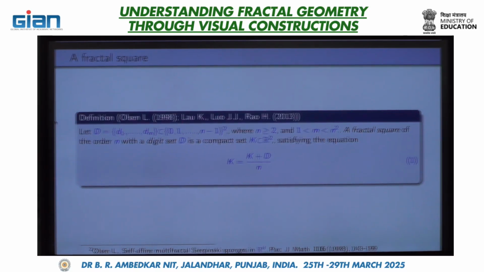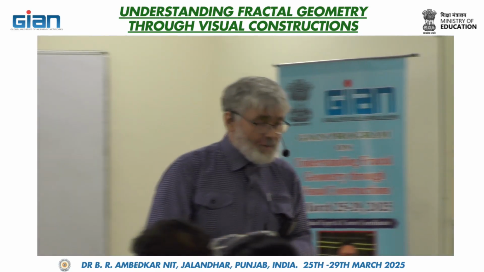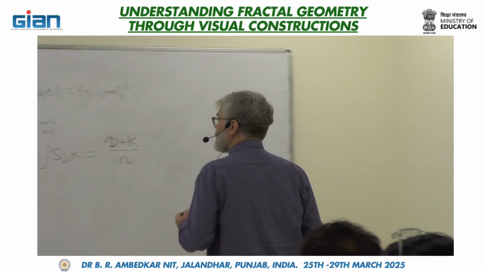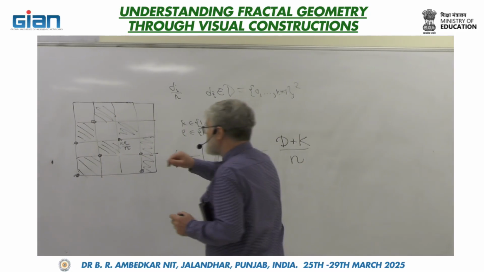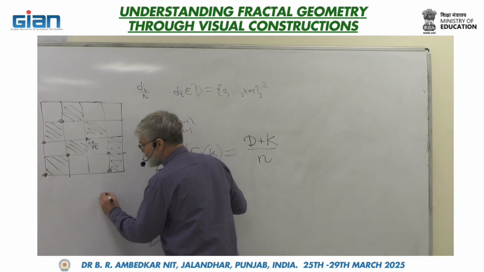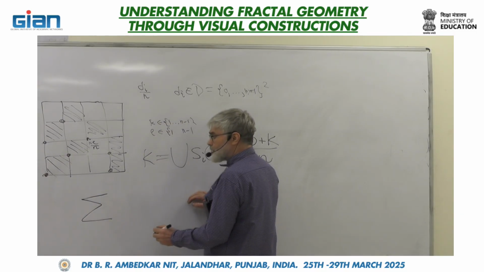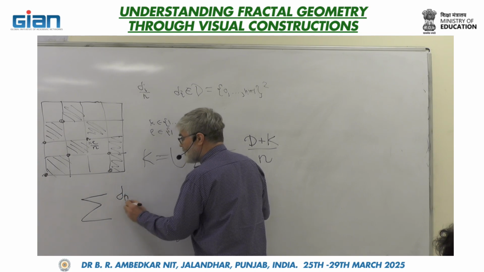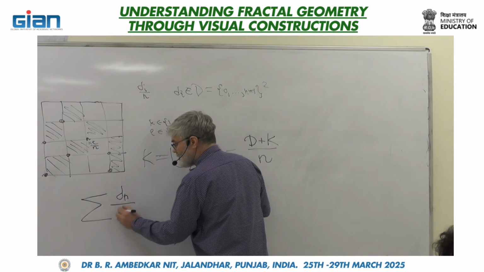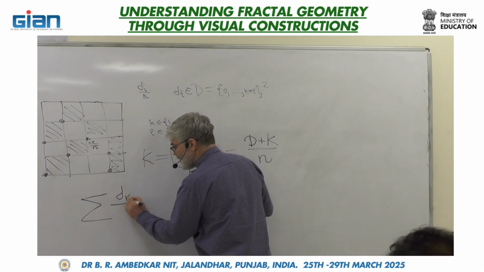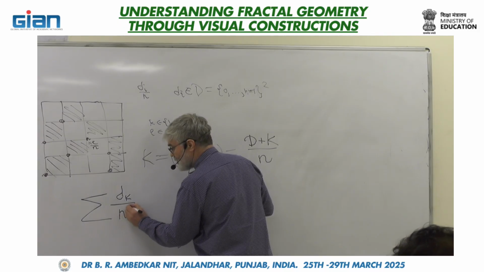The immediate consequence of this equation, which explains why we call these points digits, is that each element of this fractal square can be written in the form of the sum of d_k divided by n to the power of k.